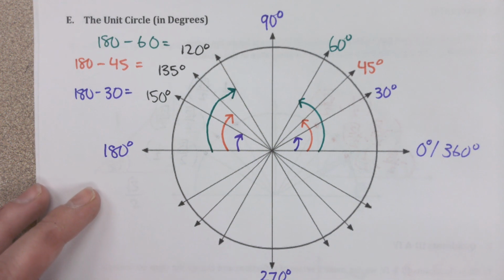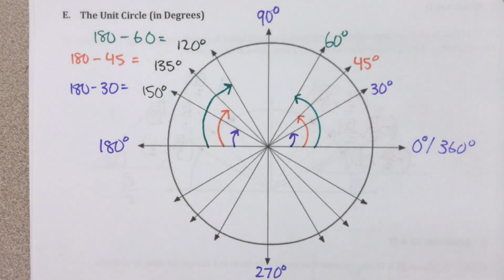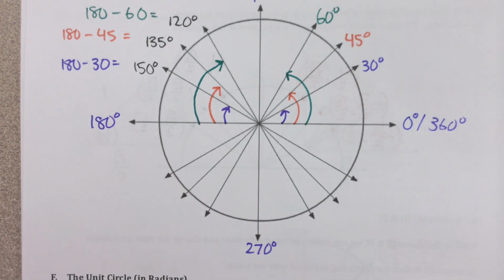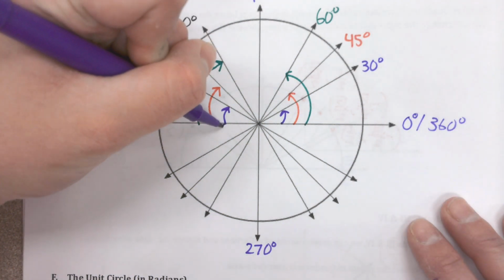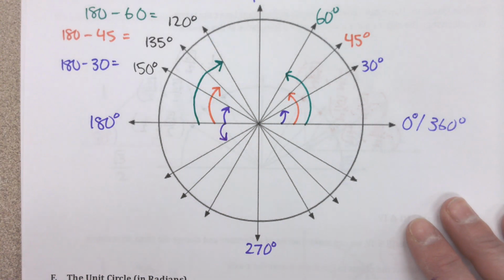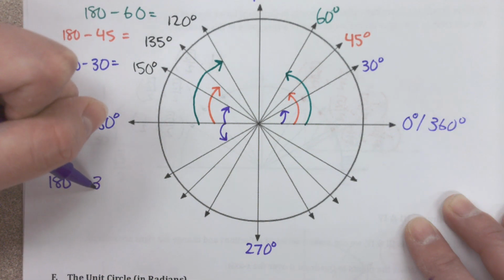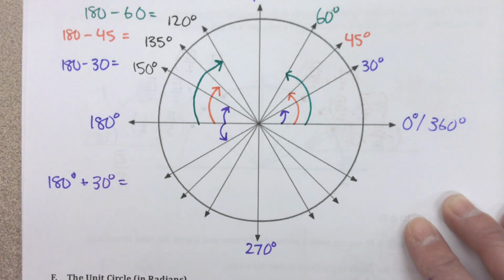Should be recognizing a lot of this. This is what we were working with the whole time. You just didn't realize it at the time. Third quadrant, same thing. To the first line, that's 30 degrees. Now we're 180 plus the amount. So 180 plus 30, that's 210.